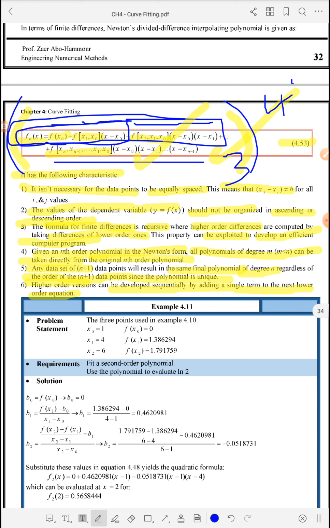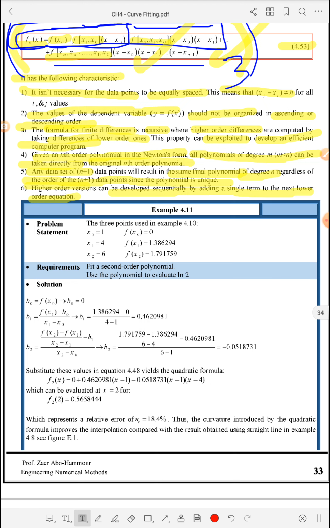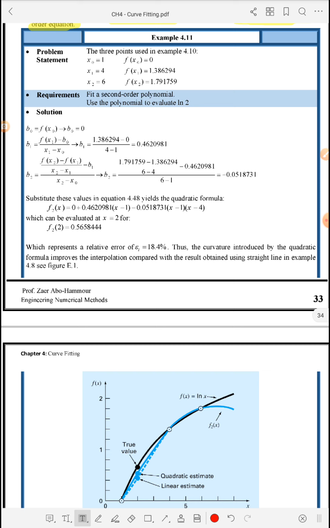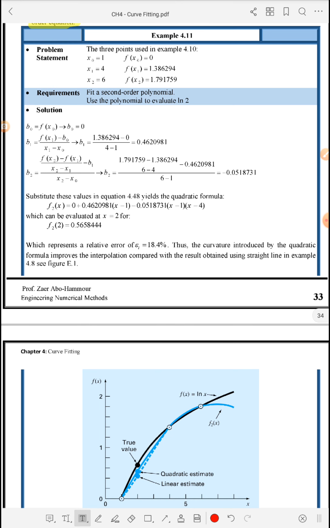So when switching from any order to the next higher, we add a single term to the previous lower order polynomial. Let us take an example in this regard, which is example 4.11.